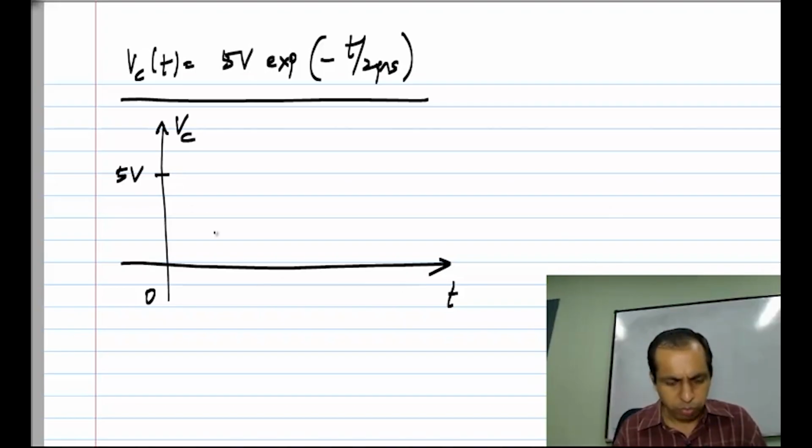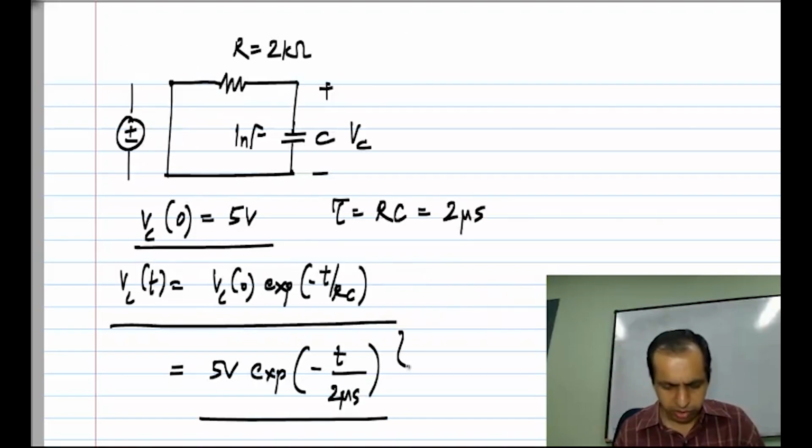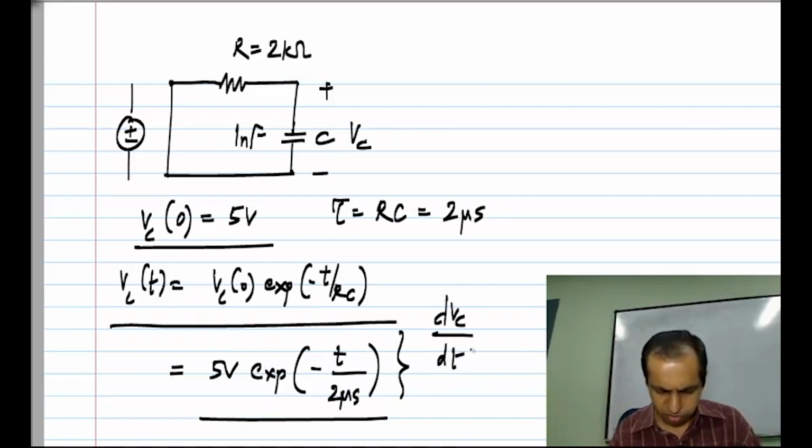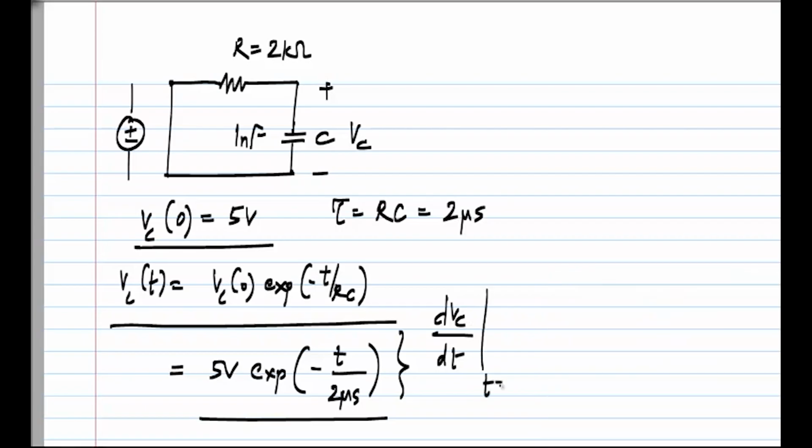And the slope at t equal to 0 you can find by differentiating this and setting t equal to 0. So the slope at t equal to 0 will turn out to be minus 5 volts by 2 microseconds, or minus 2.5 times 10 to the 6 volts per second.